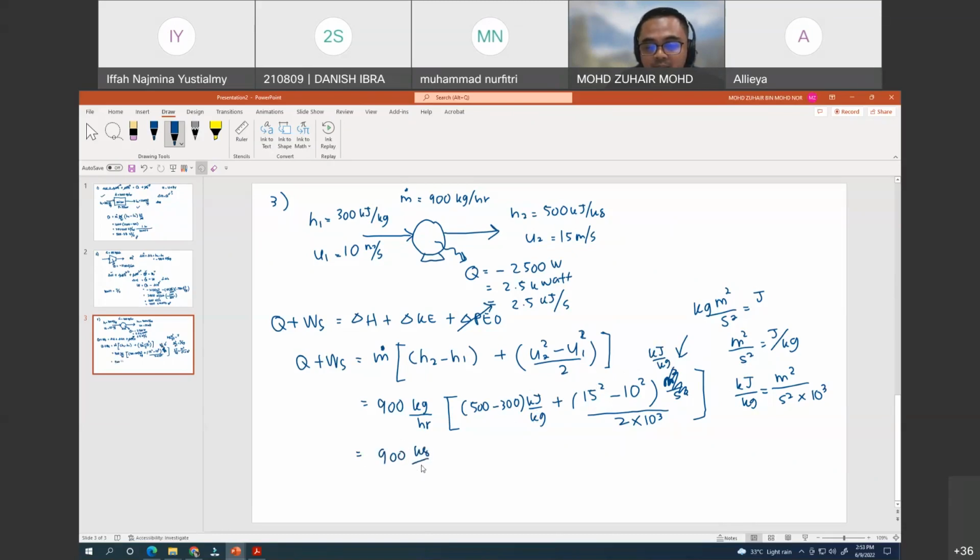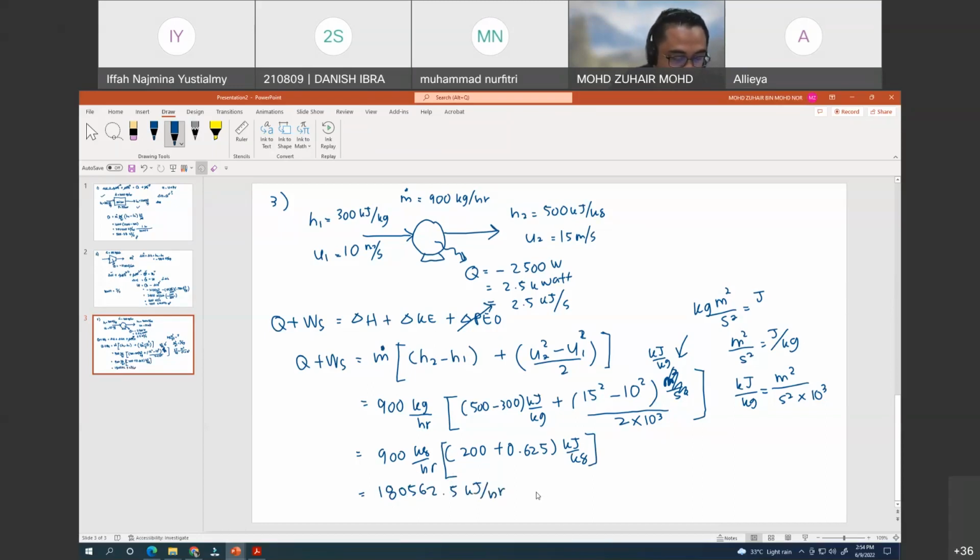900 kg per hour times 200 plus 0.625, in kilojoule per kg. From here we are going to get 180,562.5 kilojoule per hour.